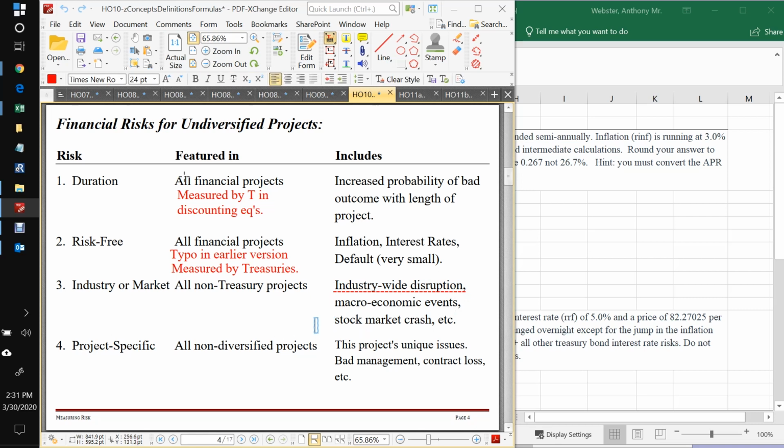And then also the fourth chunk of risk for undiversified projects is project-specific risk, and this will be all non-diversified projects. This is what I think of as shorthand as bad manager risk, but it's really this project's unique issues.